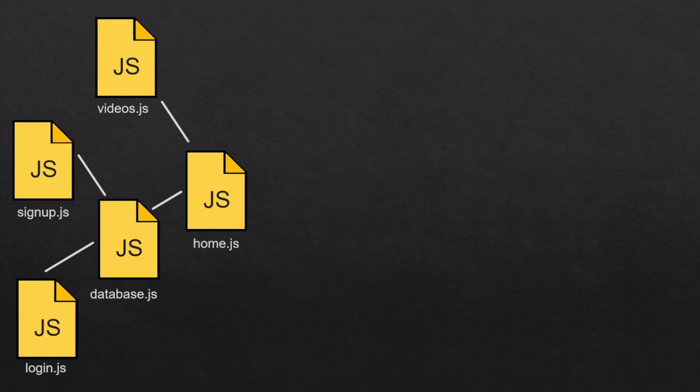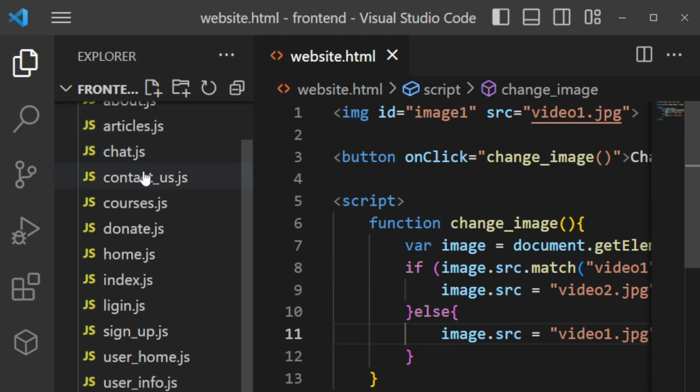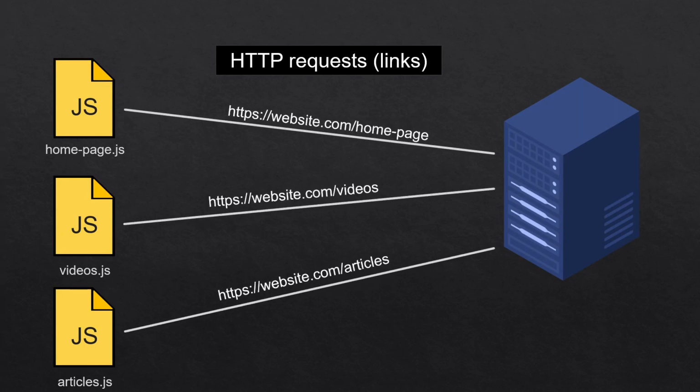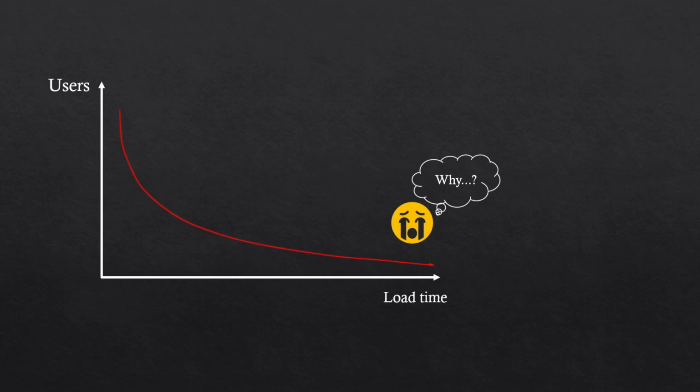And now you can say, wait a minute, if we write code in a code editor, we can have numerous JS files and our web page will work properly. But the point is, each file requires a separate HTTP request, in other words, a link to the server, which can slow down the page load time. So, if we make a site, we don't want this to happen, because we will lose our potential users.